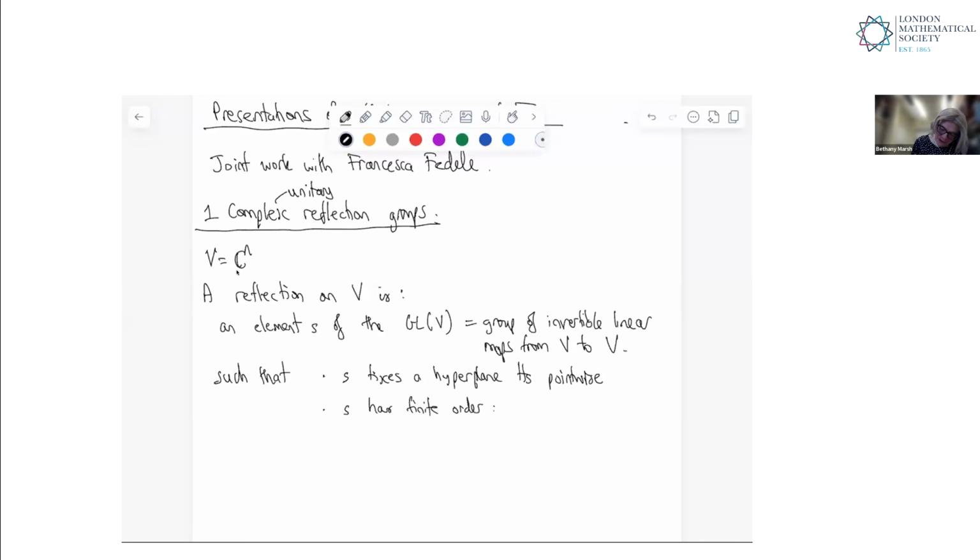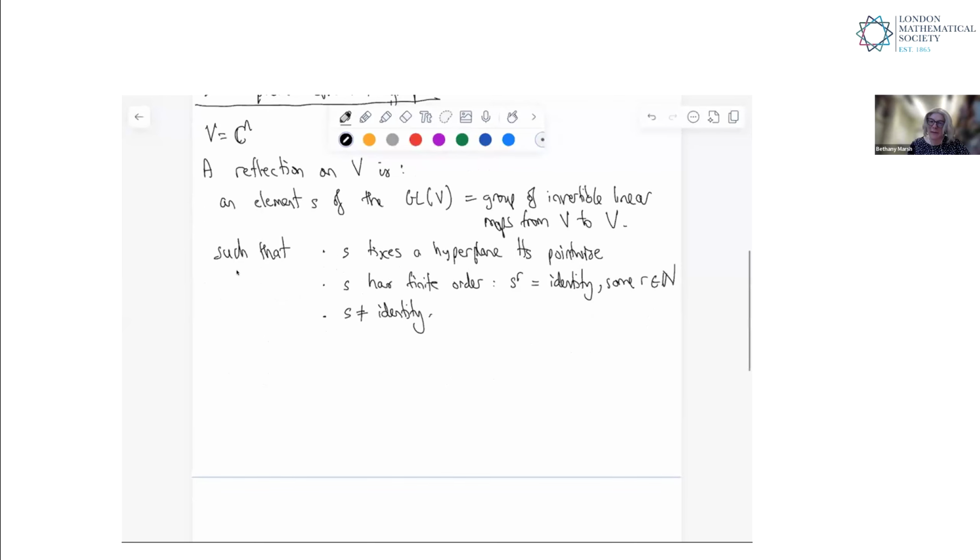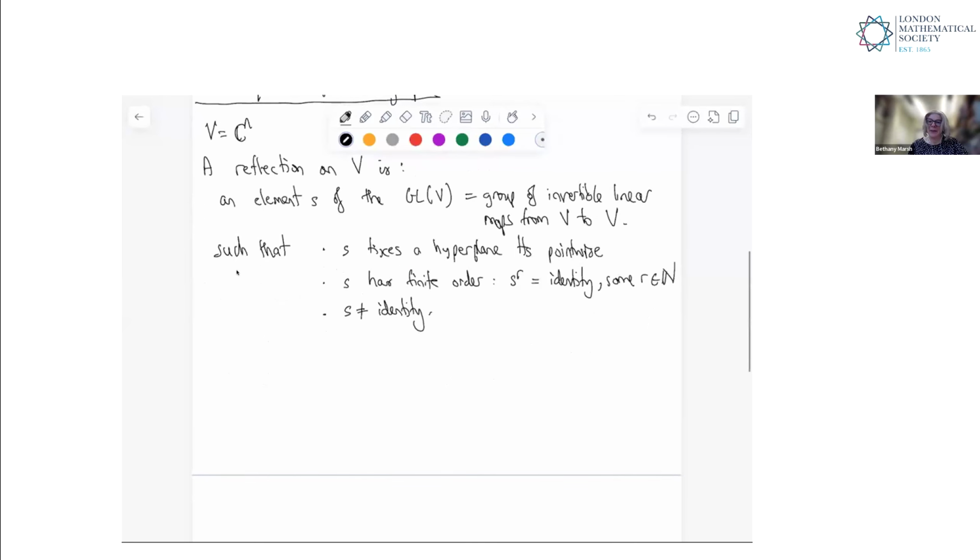So in other words, S to the r is the identity for some r in the natural numbers. And I guess we should also say S is not the identity itself, so we don't count the identity as a reflection. Okay, so it's a very similar definition. And you can see if we were in the real case, the order would have to be 2.